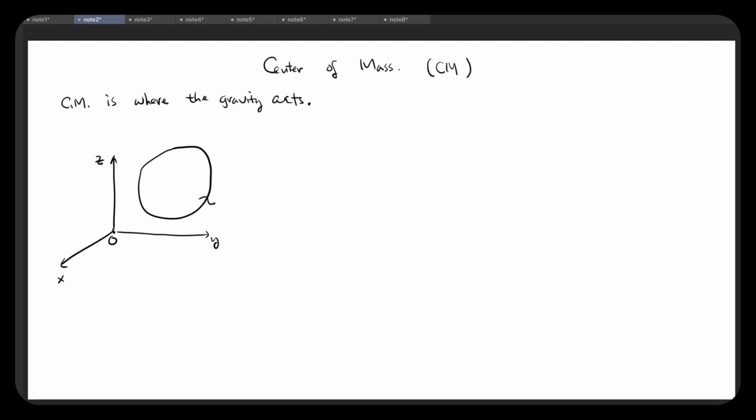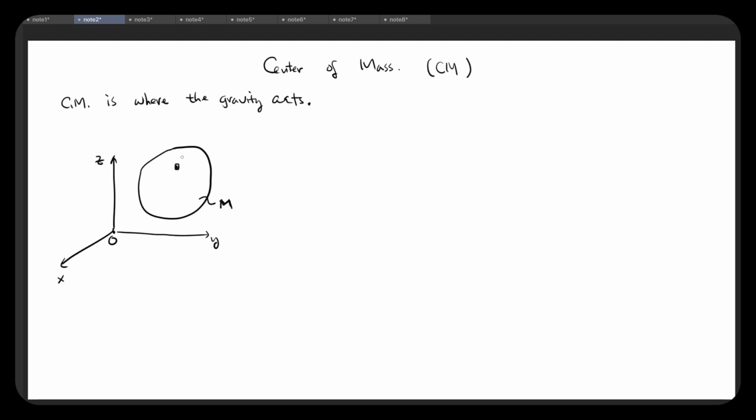Now the total mass of the rigid body is big M. It's called big M. Now how to define the center of mass? How do we find a single point on this object so that the gravity is acting on it? Okay, so think about a point here, and to make this related to the integral, I'm going to say at this point here, there's a small volume.